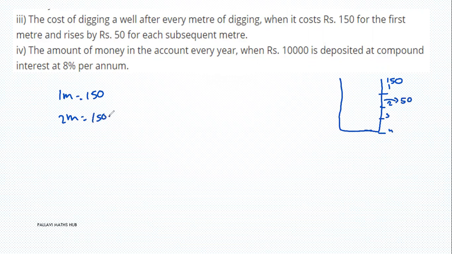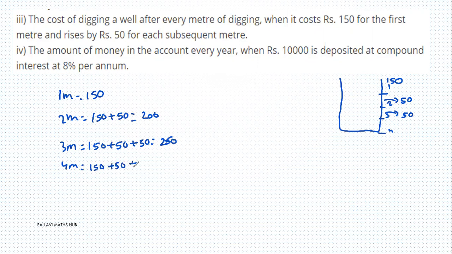So 150 plus 50, which is equal to 200. For the third meter, again increasing 50 rupees. So 150 plus 50 plus 50, which is equal to 250. Similarly, for the fourth meter, it will again increase 50 rupees: 150 plus 50 plus 50 plus 50, which is equal to 300 rupees.